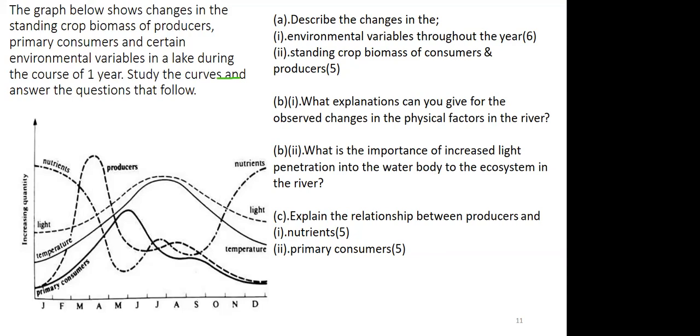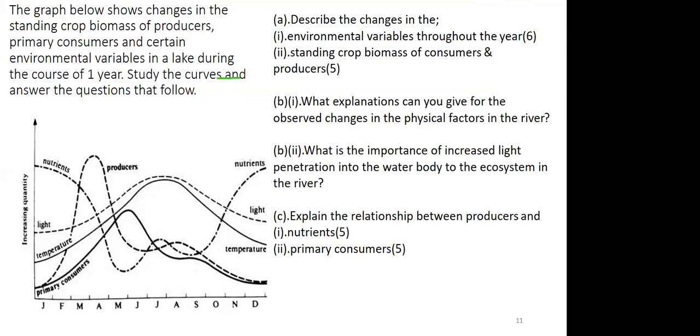Then from mid-May to July, there is a rapid decrease in the standing crop biomass of consumers, simply because there is a great decrease in the standing crop biomass of producers. So there will be less food available to the consumers.